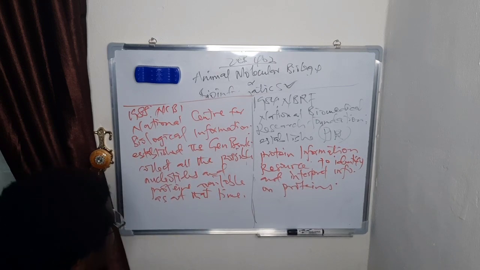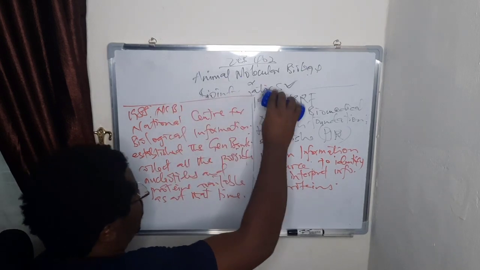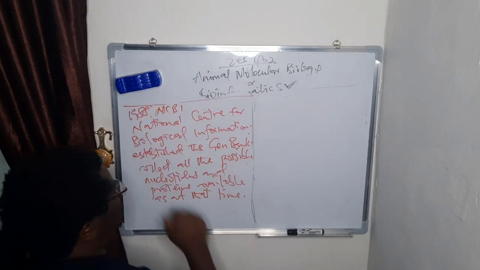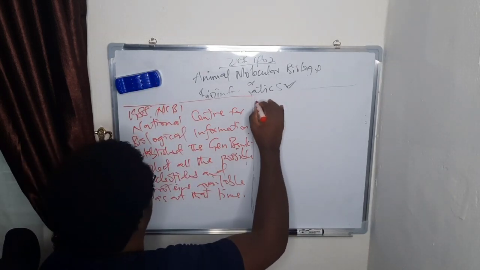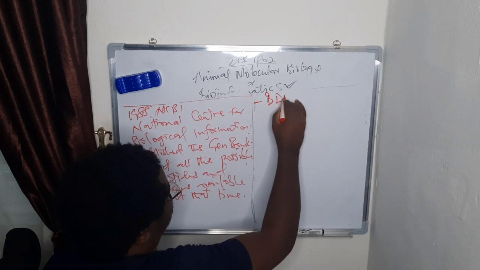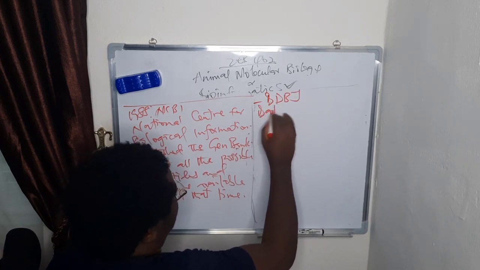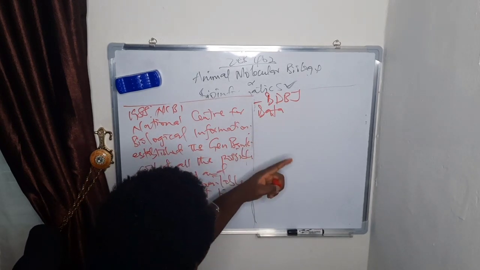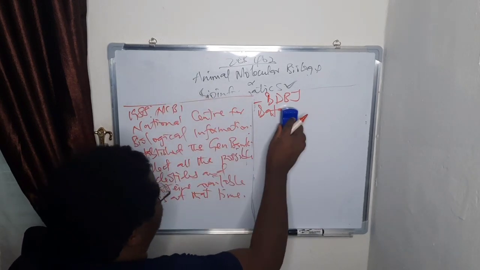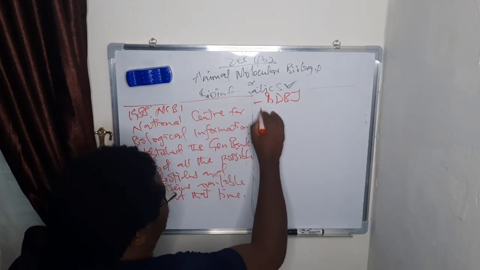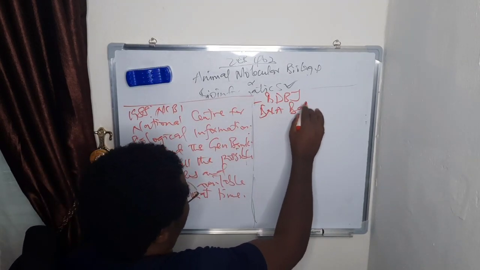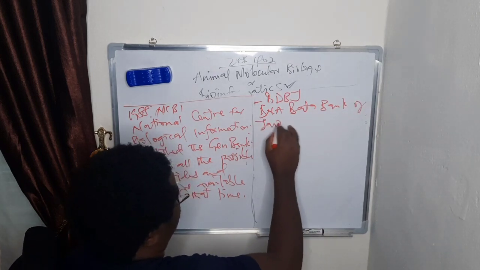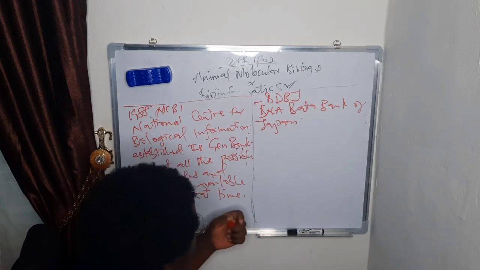Then another group about that same time, you have the DDBJ, the DNA Data Bank of Japan.